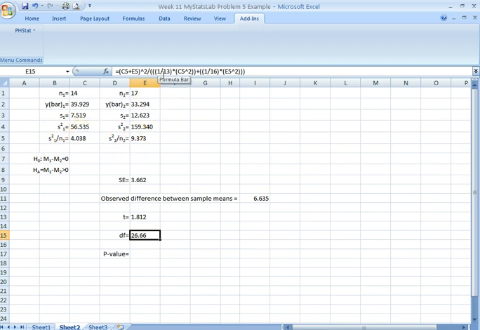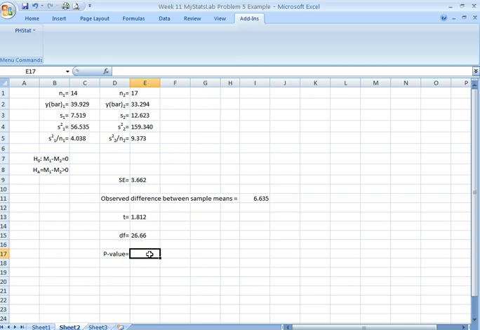We had to take n minus 1 for each group. So 14 minus 1 is where the 13 came from. 17 minus 1 is the 16. We had to take our value that we have here and square it. Quite a formula. And once we go through all of that, we come up with our degrees of freedom, 26.66.